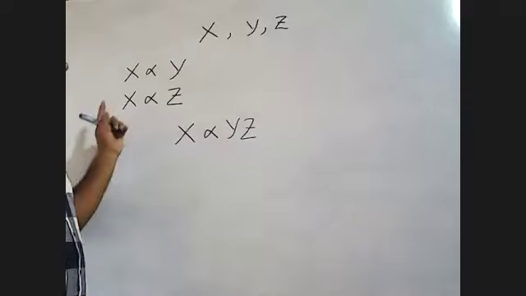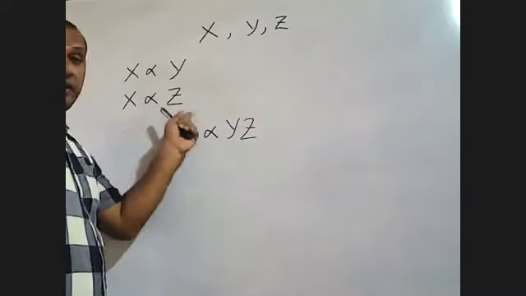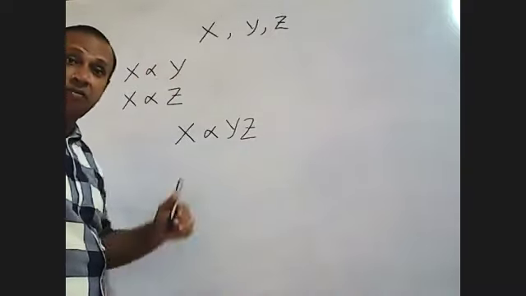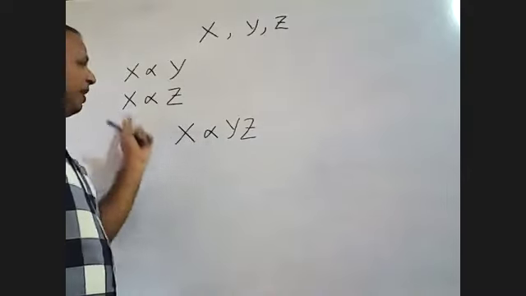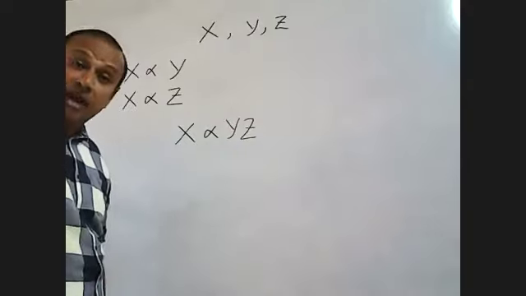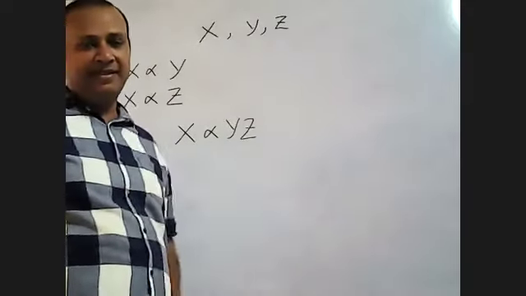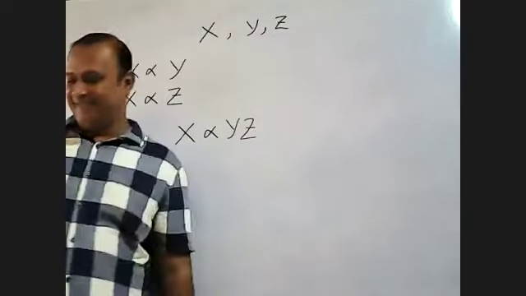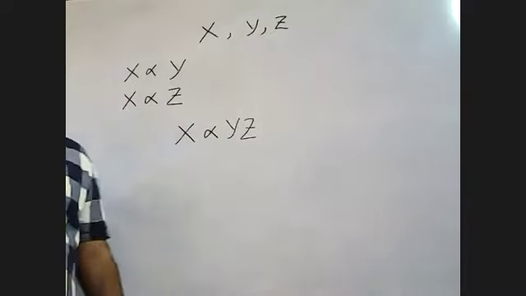If any variable is directly proportional to two or more other variables separately, then that variable is directly proportional to the product of those variables. So this is a rule.